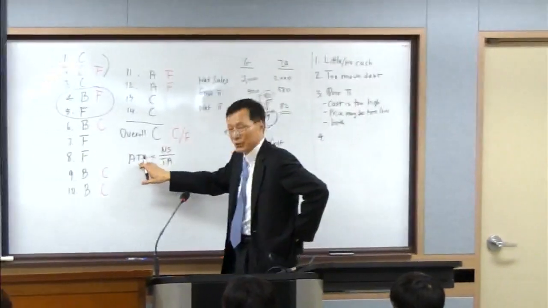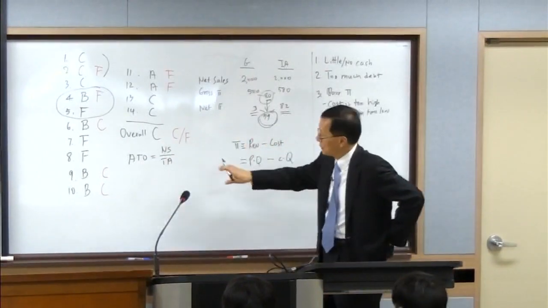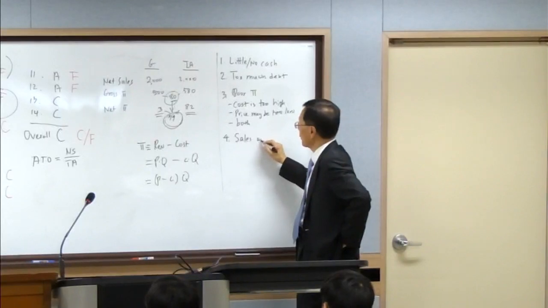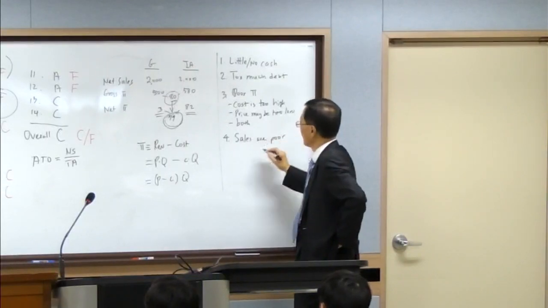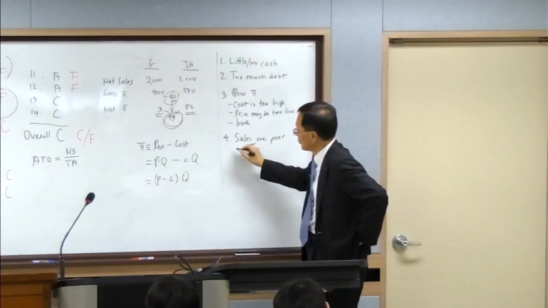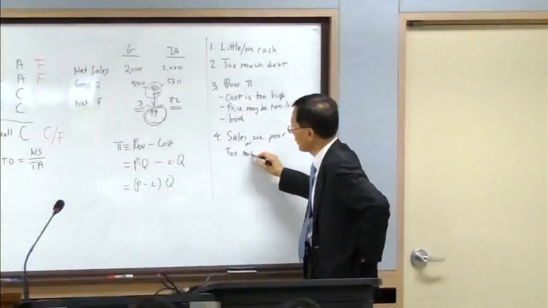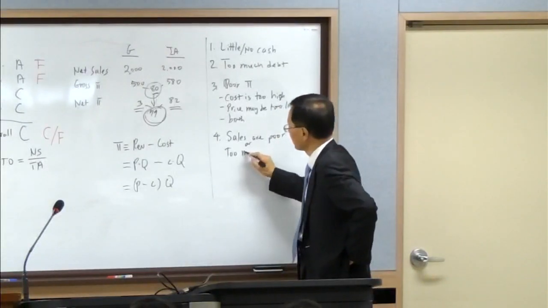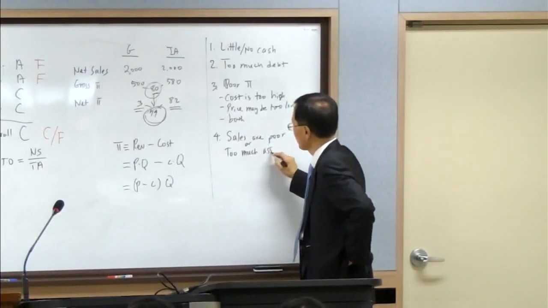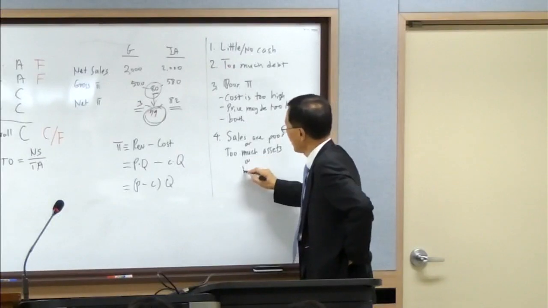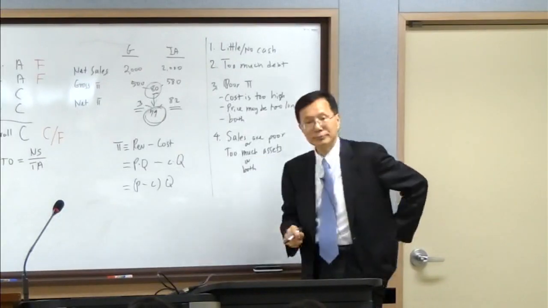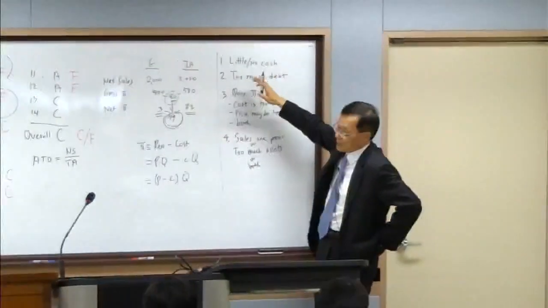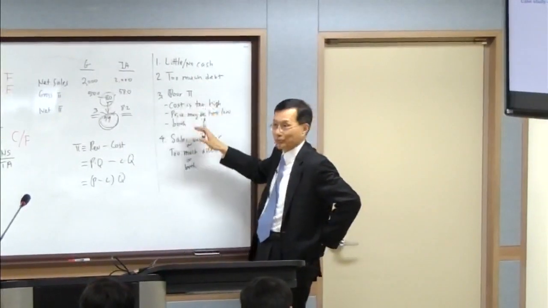If asset turnover is too low, that means sales are poor, or too much assets, or both, right? So you just keep writing down your guesses.